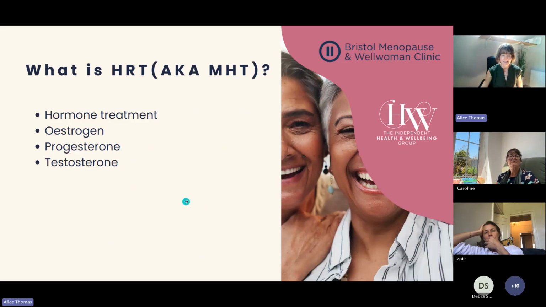And this is hormonal treatment to replace or supplement declining hormone levels. It's usually made up of estrogen, progesterone, and in some cases testosterone as well. And the type of hormones needed and the doses given varies from each person. There's no one size fits all. And the prescription and the regime needs to be individualized for the person.